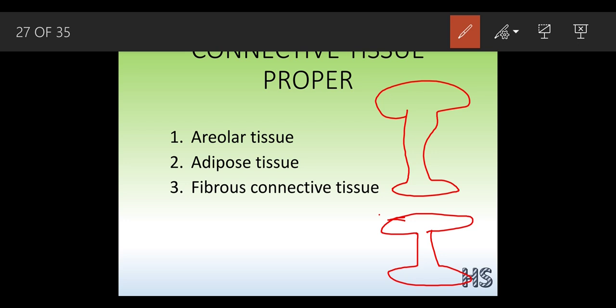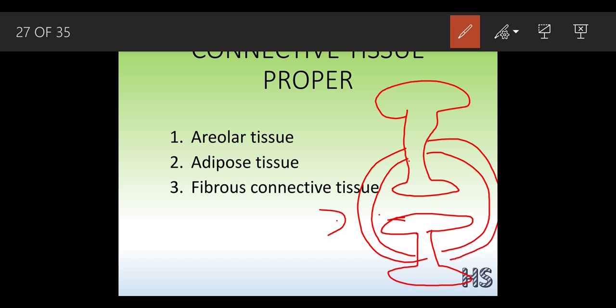These two bones are connected to each other, so they are connected by ligaments. The function of these ligaments is to hold them in position whenever you walk.